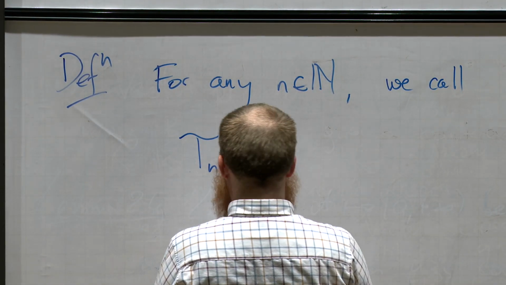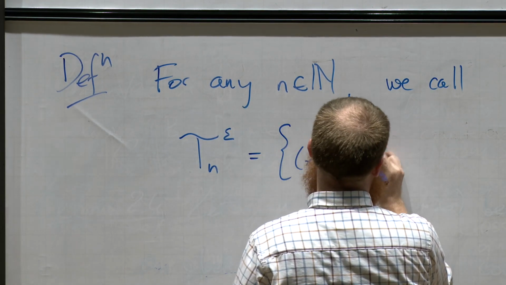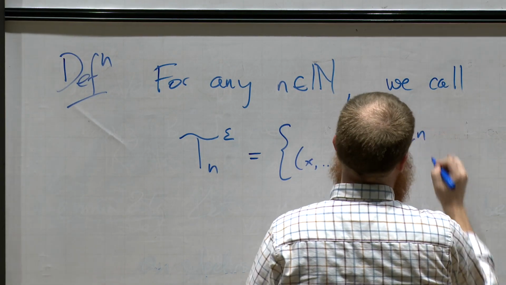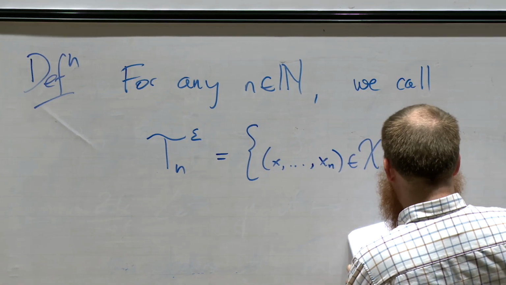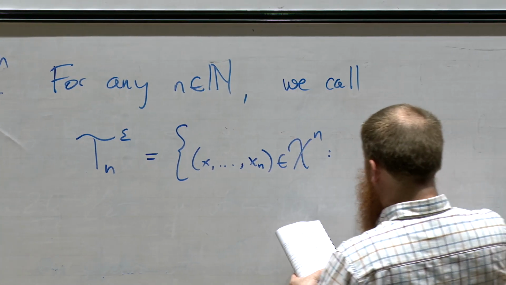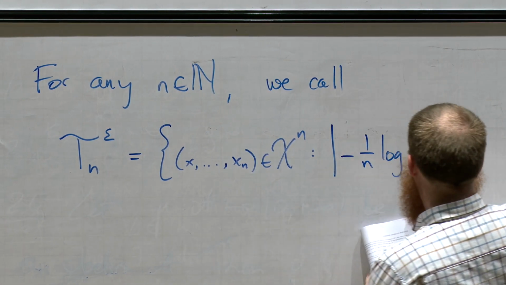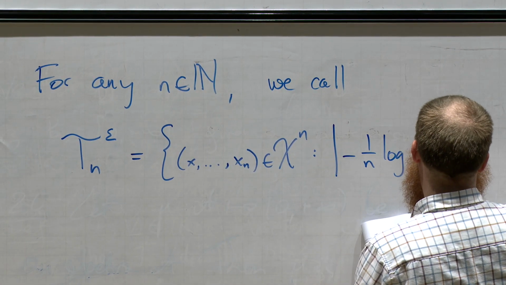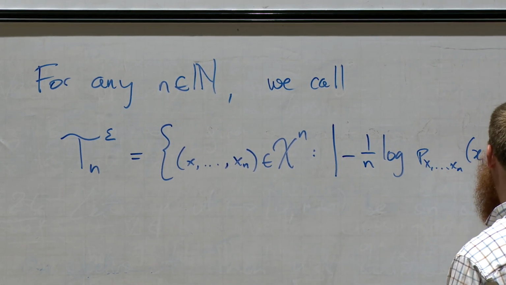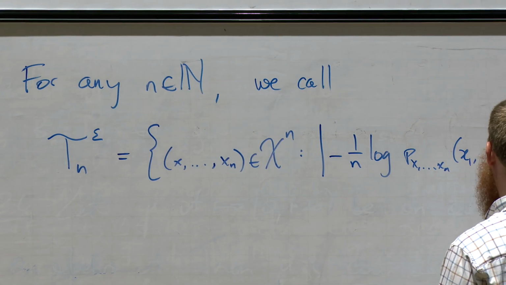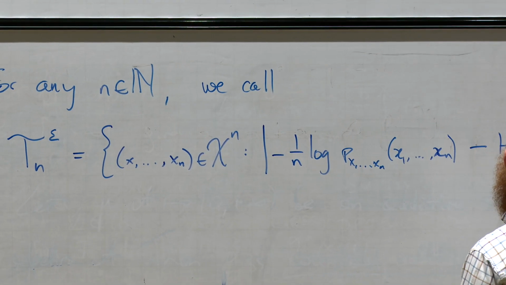This is the set of x1 through to xn, so it's a sequence of length n, such that I'm going to want to have minus 1 over n log p of x1 to xn evaluated on this sequence should be close to the entropy of x.